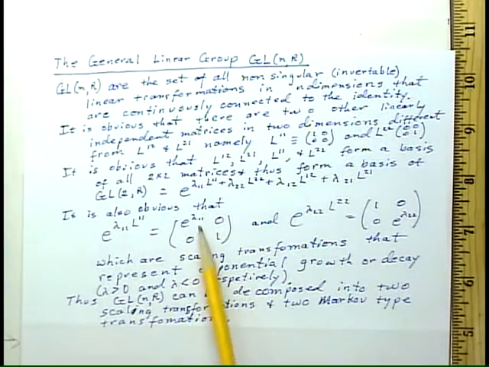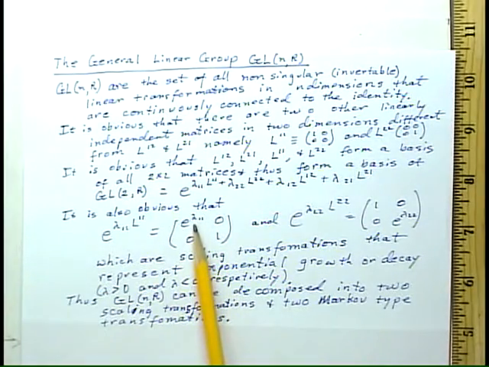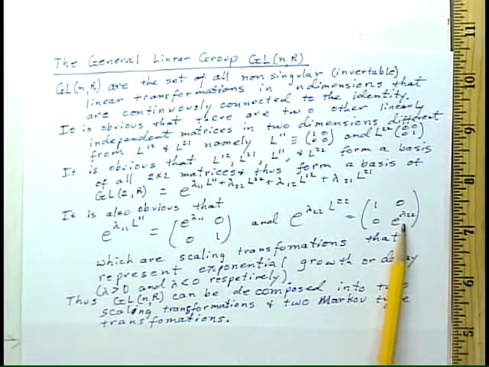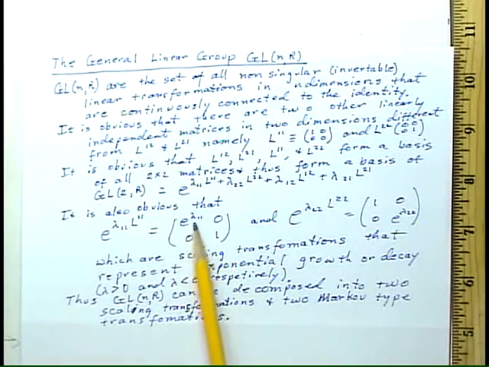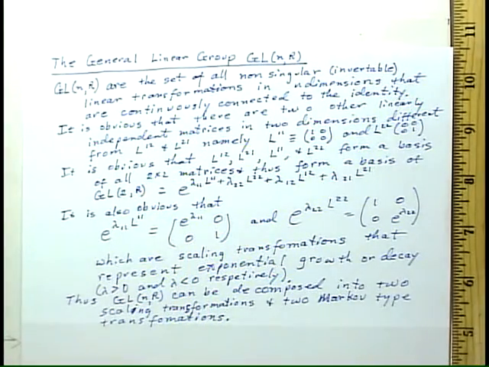If lambda is greater than 0, then of course this becomes greater. It just means that this axis is expanded and all of the values are expanded in that direction while the other axis is left alone. Or here, this axis is expanded. If lambda is negative, then in fact this becomes reduced or shrunk, and so we have a decay rather than an exponential growth.